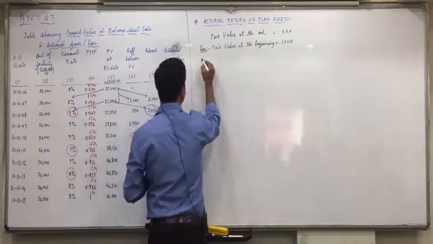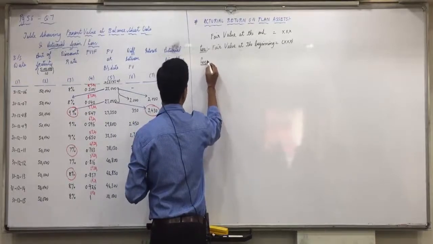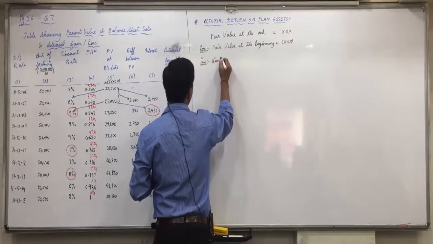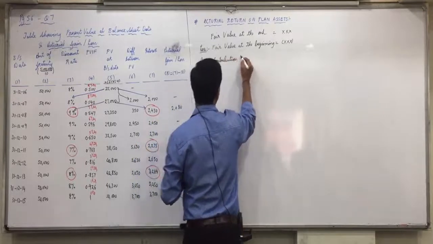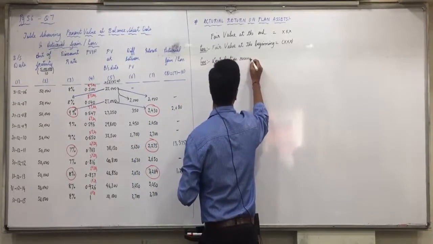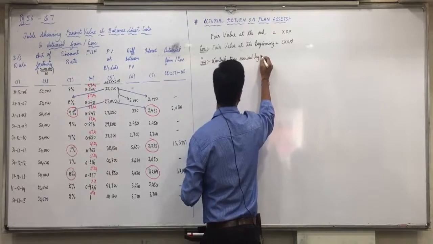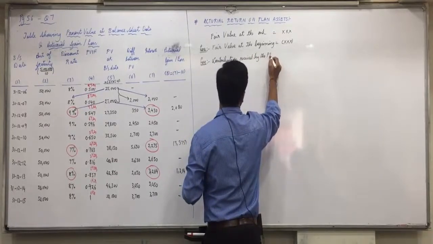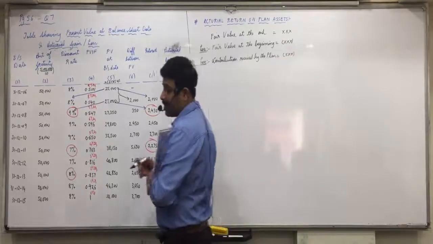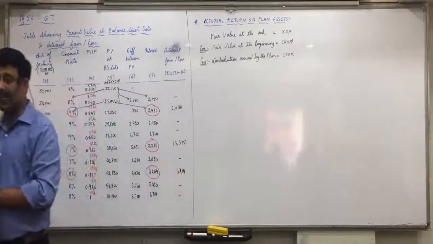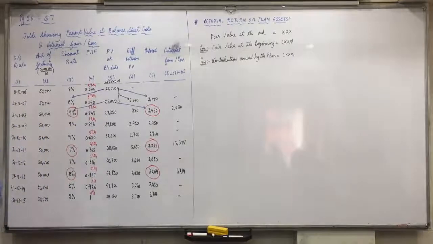Further you will minus contribution received by the plan. So fair value at the end 53, beginning 50. How much appreciation do you receive? 3,000.